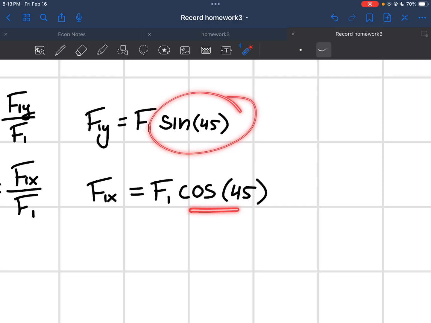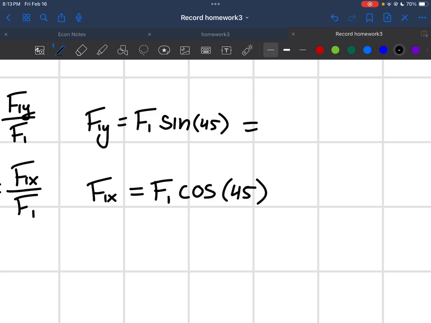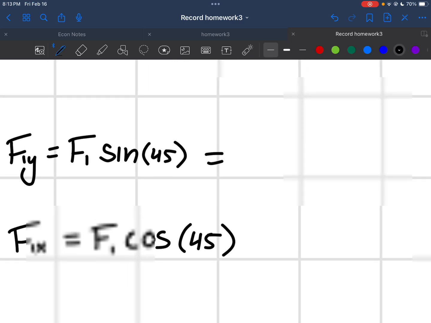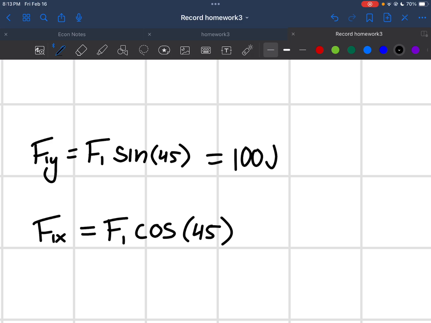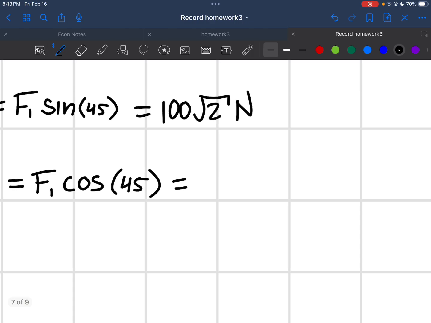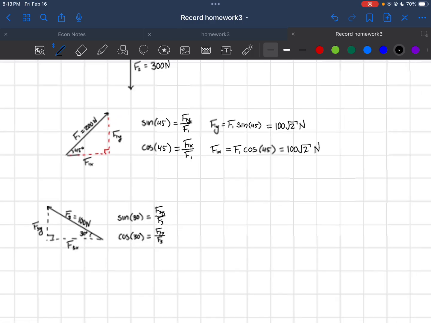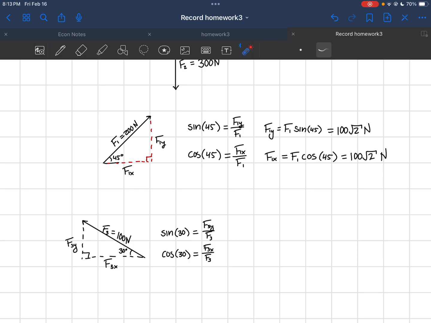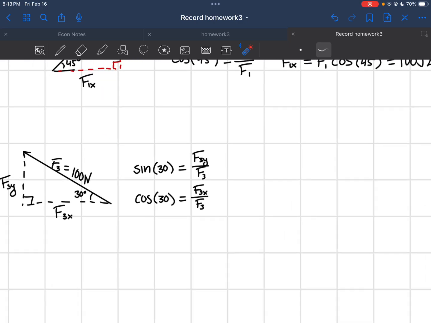So doing all of this, because sine and cosine are both root 2 over 2, I'll end up with F1y being 100 times root 2 newtons. F1x is also going to be 100 times root 2 newtons. Because this is a 45, 45, 90, this is an isosceles triangle, and my F1x and y should be the same, so that answer makes sense.